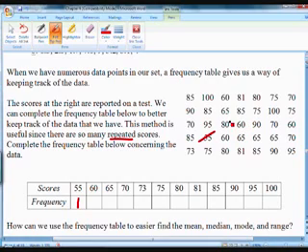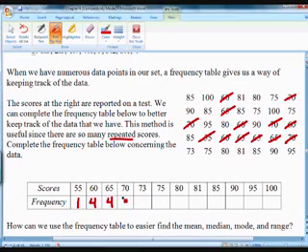60 occurs once, twice, 3 times, 4 times. Is that all of them? 65 occurs 1, 2, 3, 4. 70 occurs 1, 2, 3, 4.